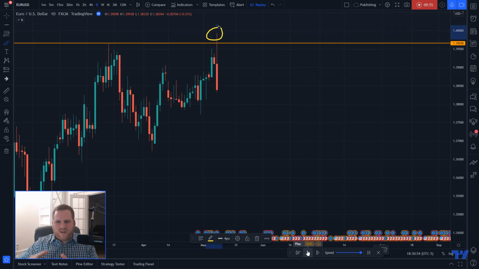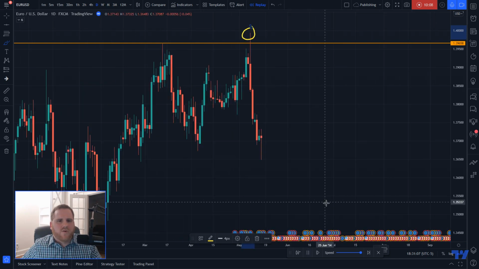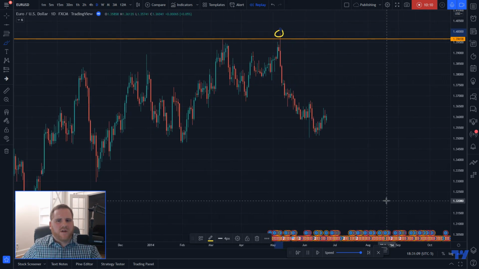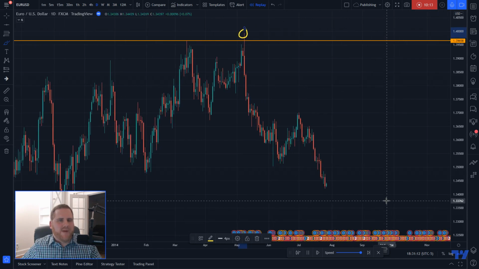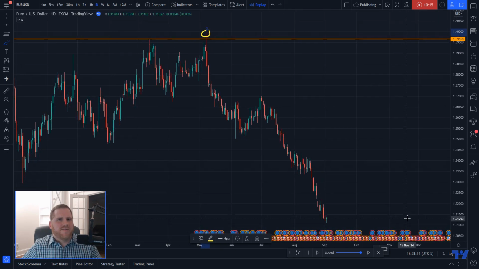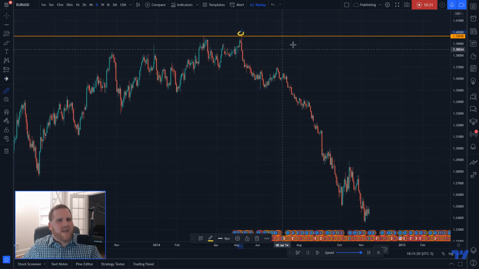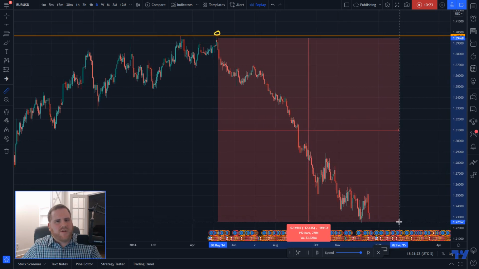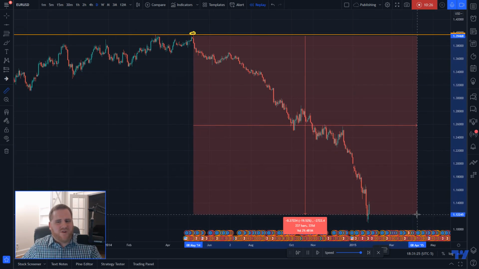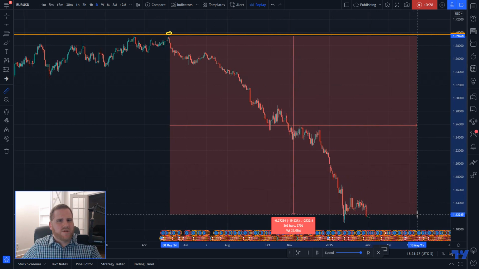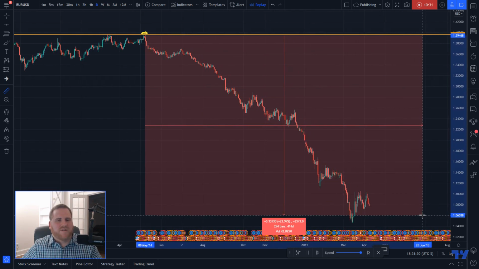This is the most traded foreign exchange pair in the world from two of the largest economies in the world, and you had a false breakout in the price, which signaled a massive bearish trend off of that high that lasted for well over a year and represented a nearly 30% change in the value of two of the world's most used currencies.